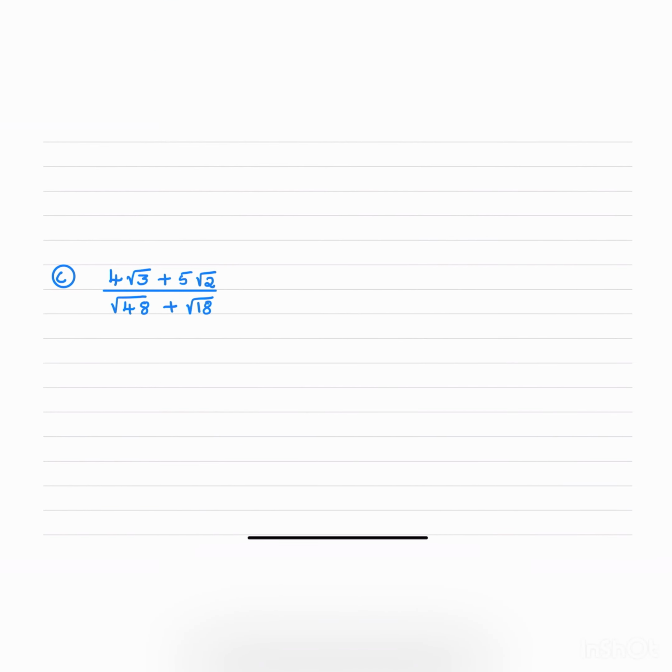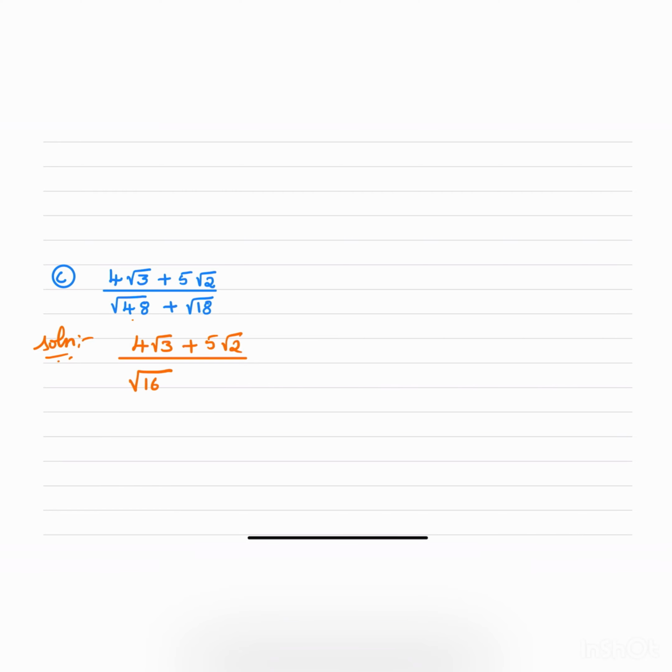Again we have here (4 root 3 plus 5 root 2) divided by (root 48 plus root 18). Now we will simplify root 48 plus root 18. How do we simplify this 48?